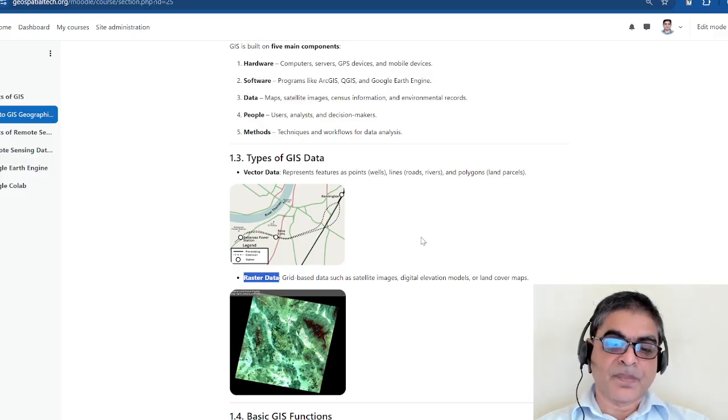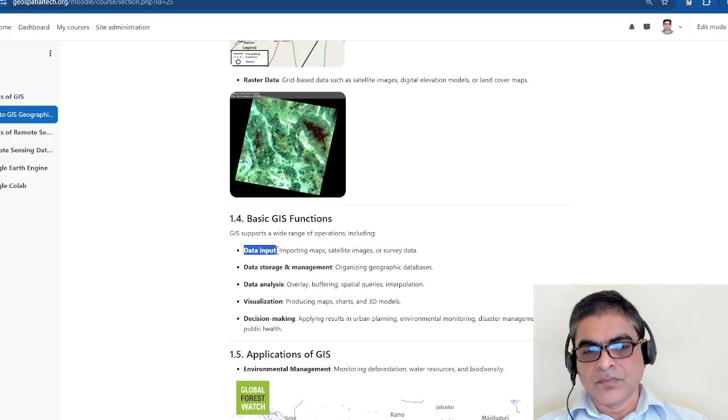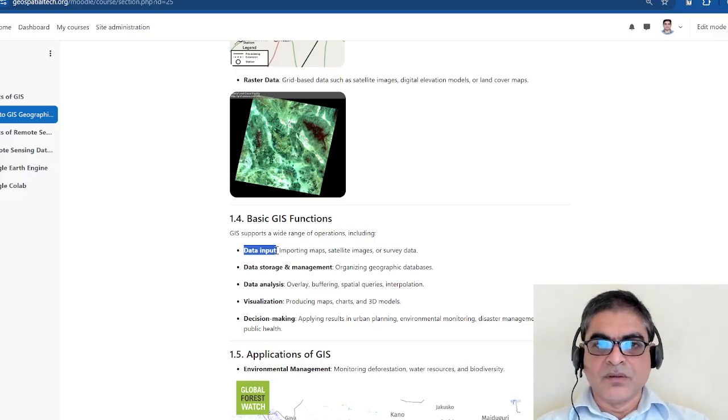The next is, what are the basic GIS functions? How does GIS work? We need to have the data, and this data may be raster or this may be vector data. So GIS functions, if we keep aside the problem we want to study, start from data collection.